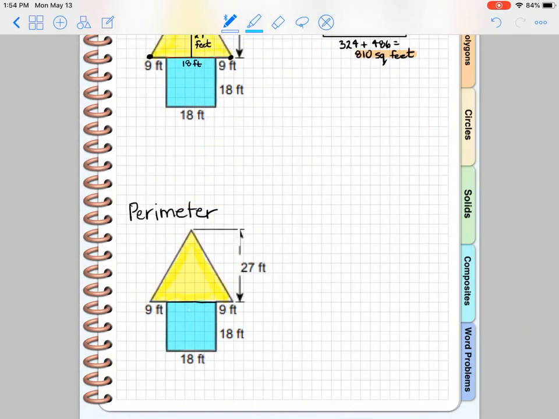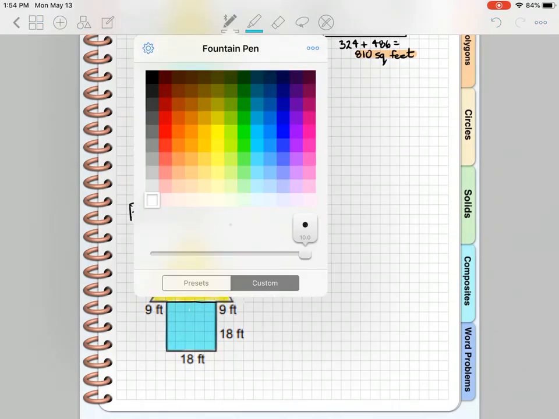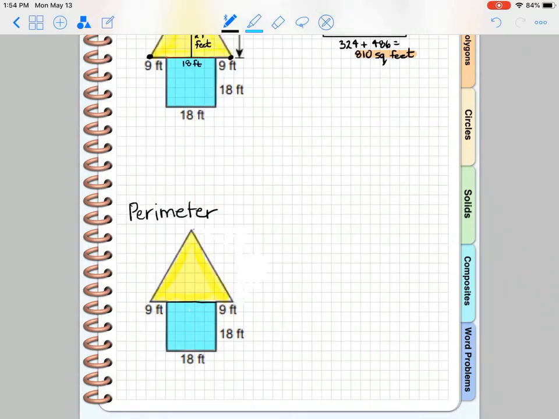But I'm going to take out this part because this is a height. This is the inside height of this thing, and we don't care about inside. We're dealing with perimeter here. So we need to know this side and this side and this side.